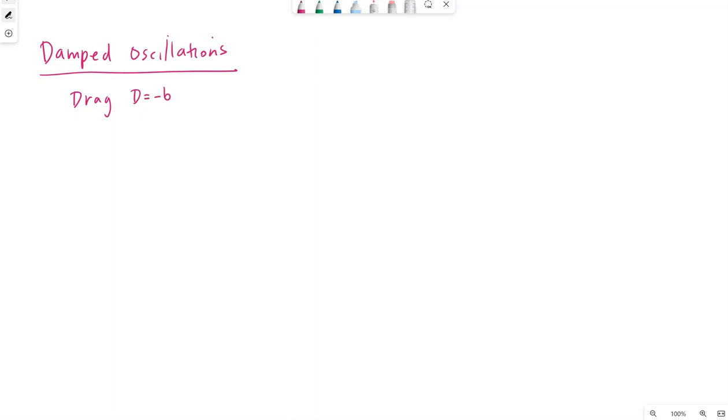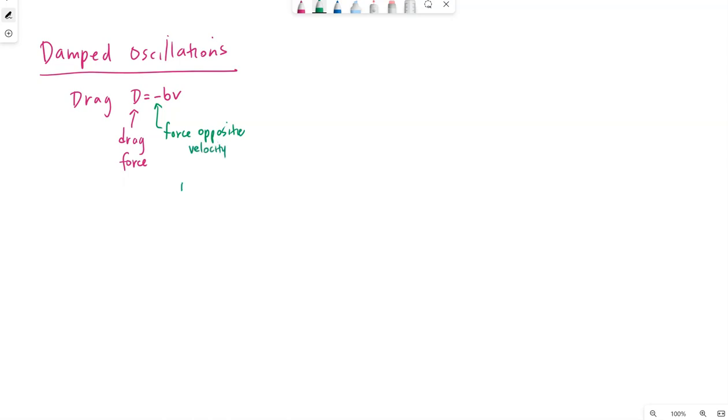In a system where the objects are not moving very fast, the drag force is actually linearly related to the velocity. So this is our drag force. The negative sign indicates that the force is opposite the motion, opposite the velocity specifically.